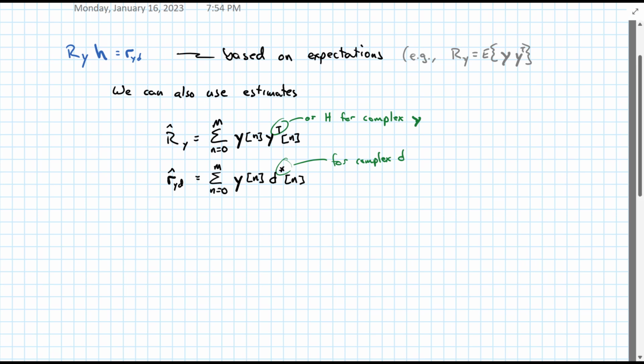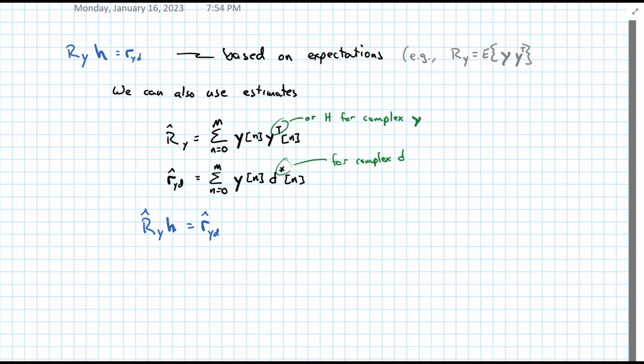So, once we've got all that, we end up with Ry hat H is equal to Ryd hat. Guess we can make that H bold as it's a vector.